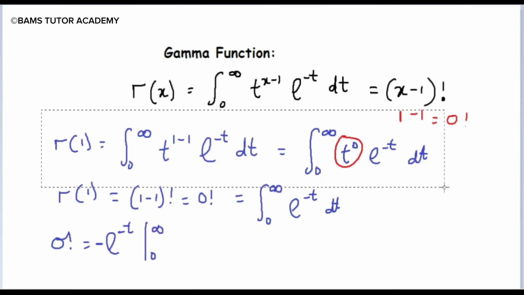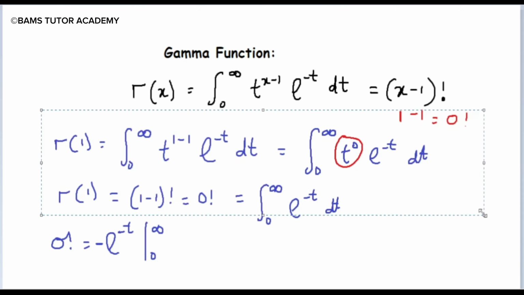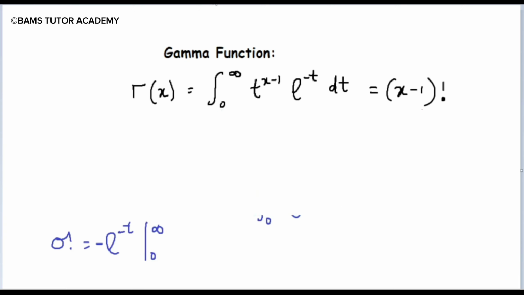Okay, so let's clear this place so we can have some space. So I want to solve this. 0 factorial will now be minus e raised to the power minus infinity, then minus the lower bound, which is minus e raised to the power 0.